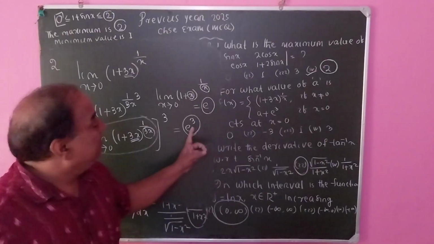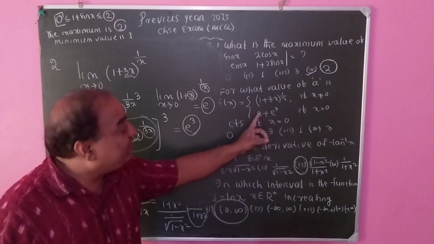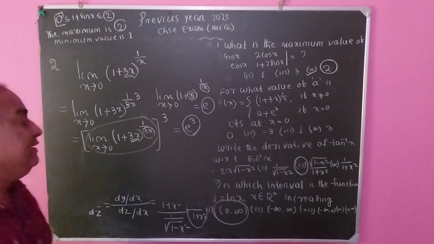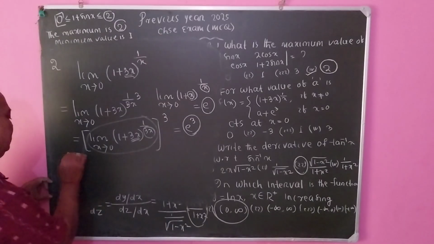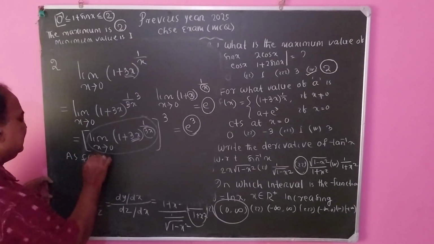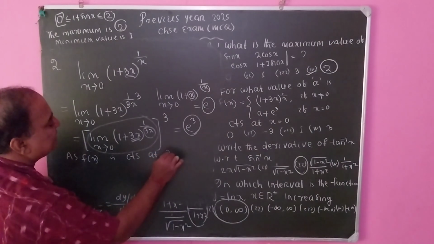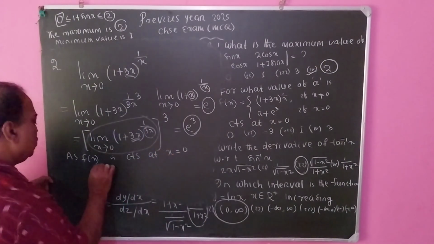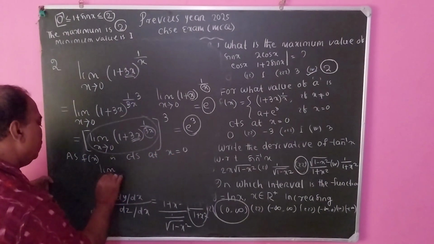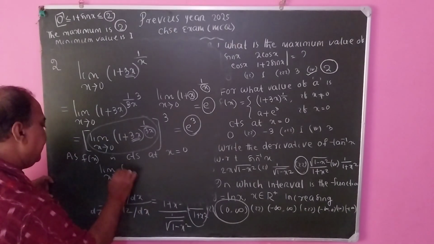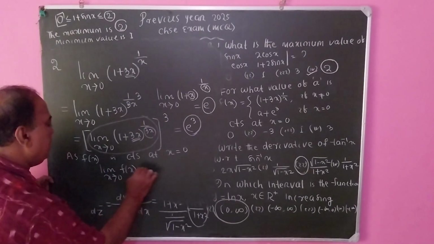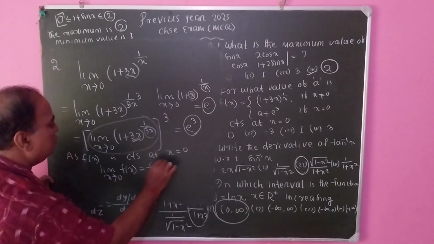The limit value of the function is e to the power 3, and the value of the function is given as a plus e to the power 3. As f(x) is continuous at x is equal to 0, limit x tends to 0 of f(x) is equal to f(0).